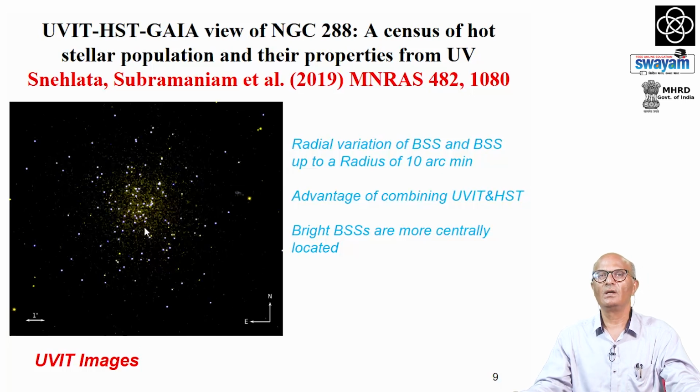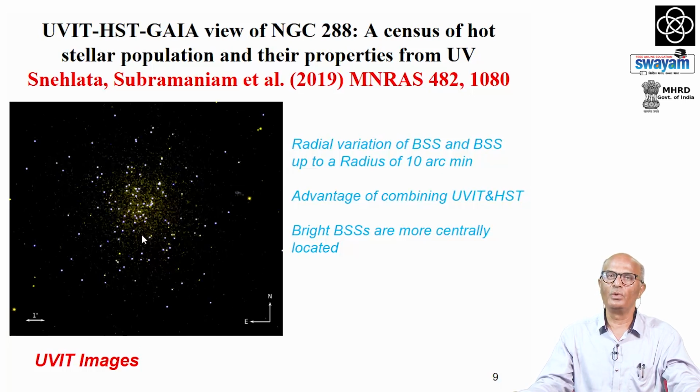So, as you can see, in the ultraviolet region only bright objects emit, so the crowding disappears. In fact, we are able to resolve, and this is one of the highlight points of UVIT on AstroSat, that it has the highest resolving power so far compared to other space telescopes. The nearest is GALEX, which has about 4 arc seconds, and this has about 1 arc second.